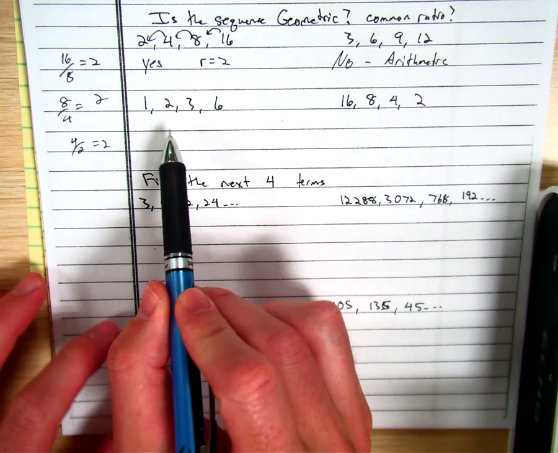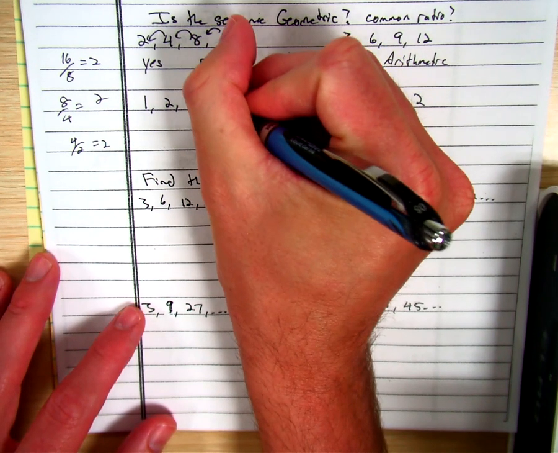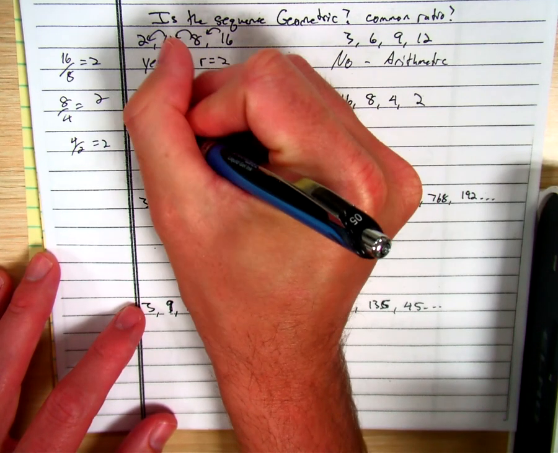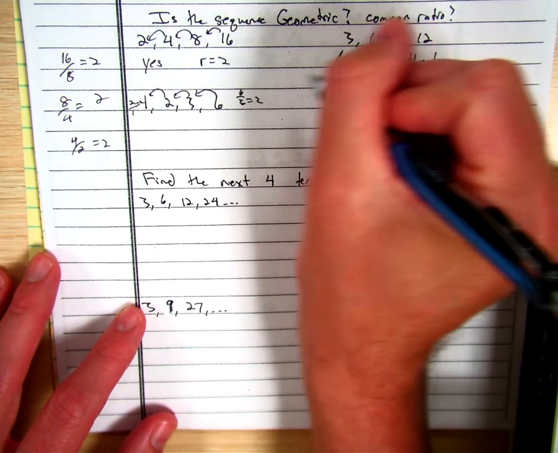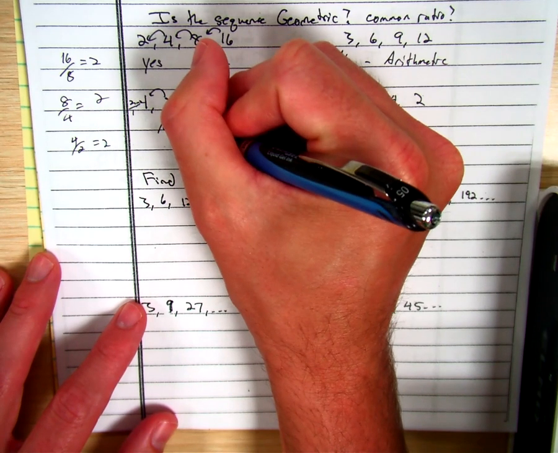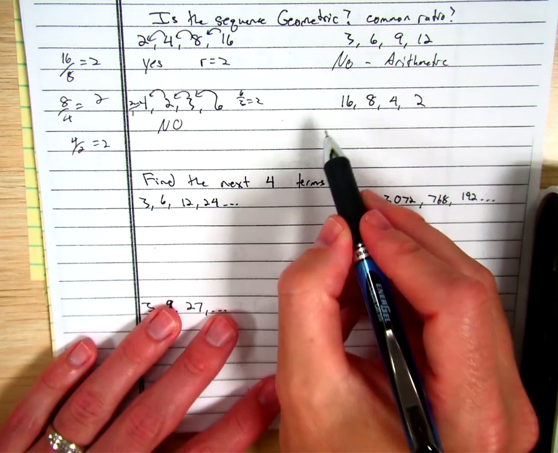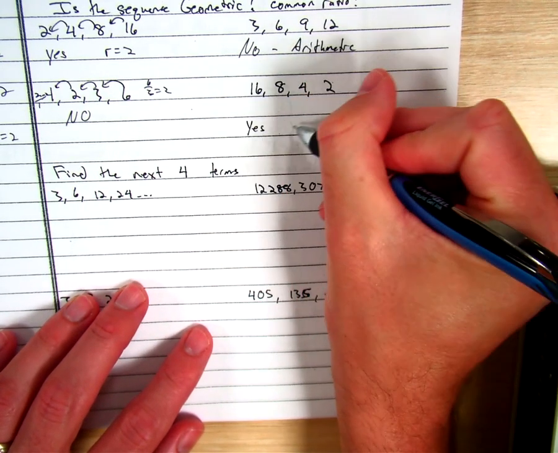Alright, this next one, 1, 2, 3, 6, is kind of tricky because 6 divided by 3 equals 2, and 2 divided by 1 equals 2, but 3 divided by 2 is not 2, so it's not. And this one is, yes, we're multiplying by a half.